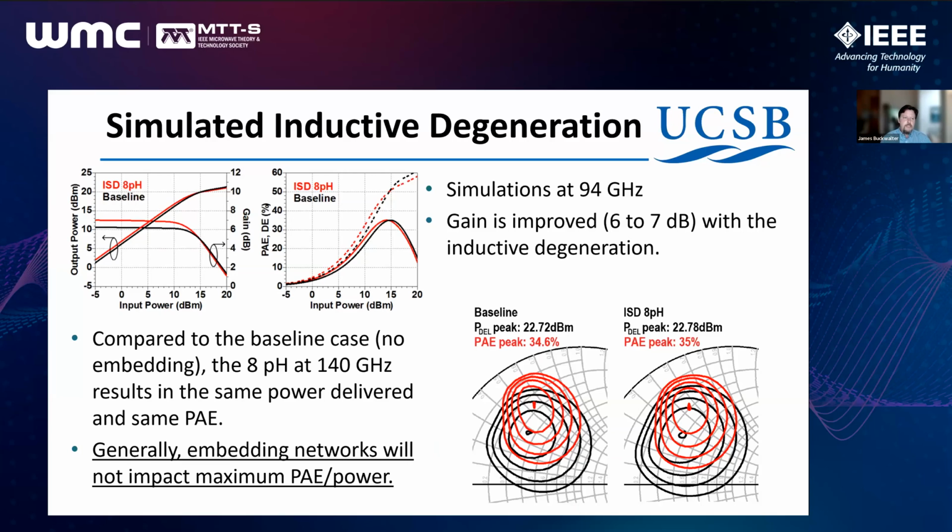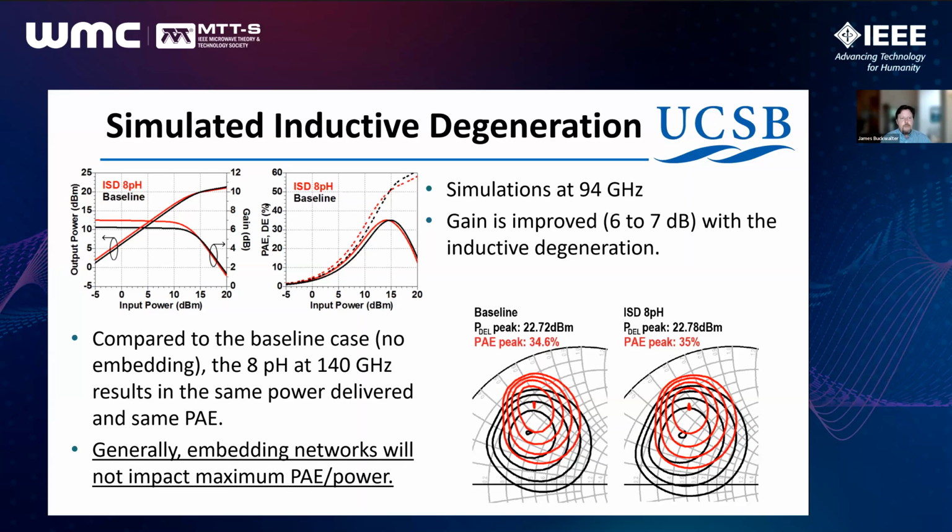When we looked at, for instance, adding inductive source degeneration in the GaN HEMT device, you can see on the upper left how this behaves relative to a baseline transistor model when we look at compression in the T3 process. So adding that ISD of about 8 picohenries increased our gain from 6 to 7 dB. Again, we're getting about another dB of gain.